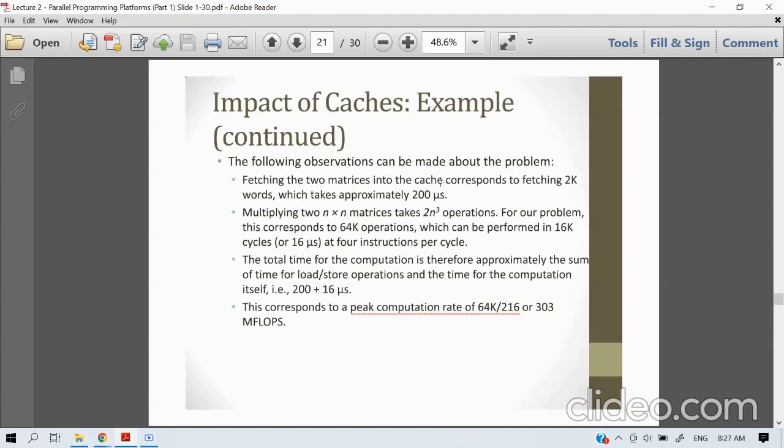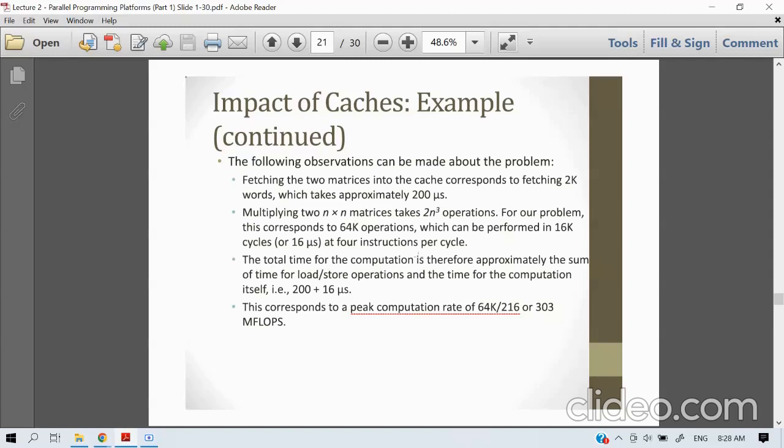Fetching the two matrices into the cache corresponds to fetching 2K words, which takes approximately 200 nanoseconds. Multiplying two n by n matrices takes 2n^3 operations. So for this problem, it corresponds to 64K operations, which can be performed in 16K cycles or 16 microseconds at 4 instructions per cycle.